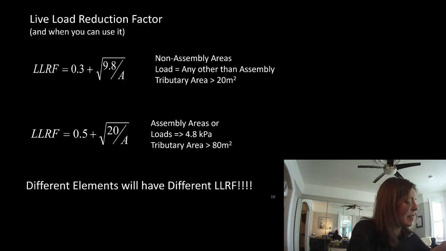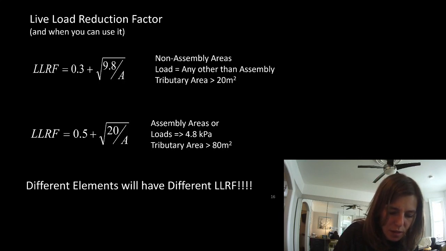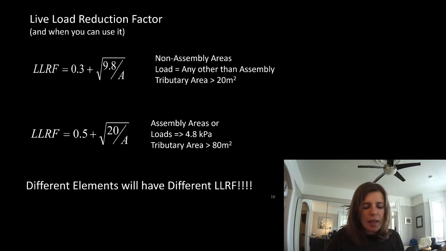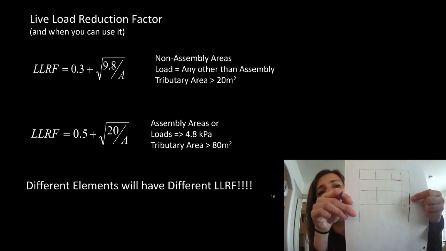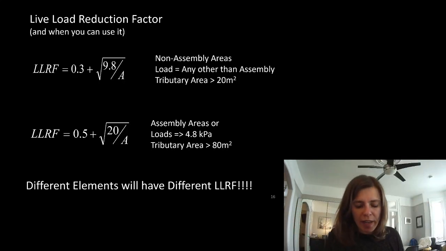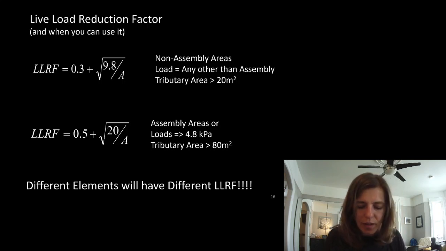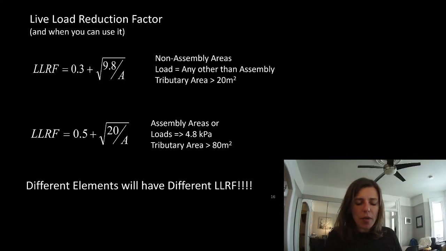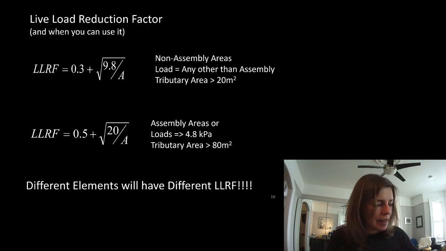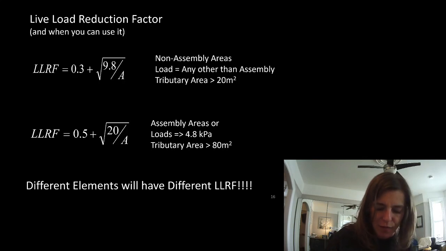In fact, this column right here, the purple one, is only carrying a much smaller portion of the building than the other column was. This is just to give you a sense.